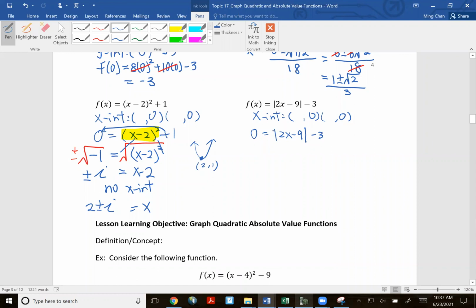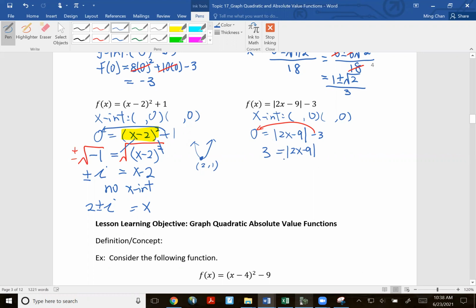That's the reason why, after we isolate the absolute value, we should set up two different equations. So move the -3 over. This is now the absolute value of 2x minus 9 equal to positive 3. This is called the standard form of the absolute value equation, where the absolute value term is by itself and everything else is on the other side. Then from here, you can set up your two equations.